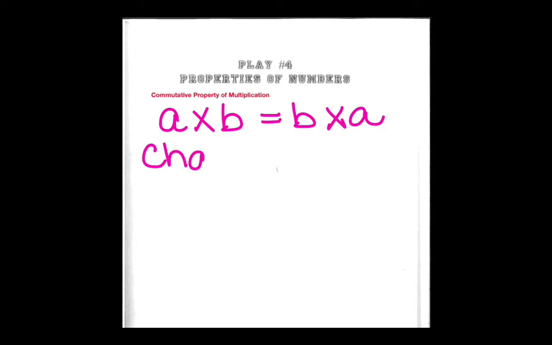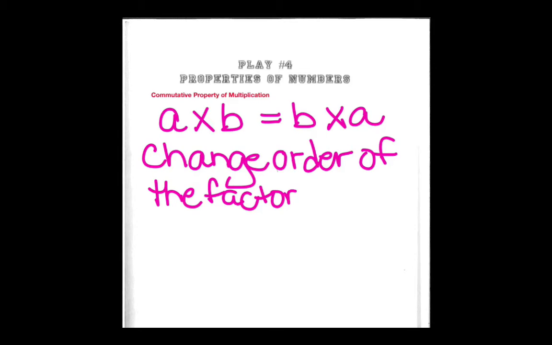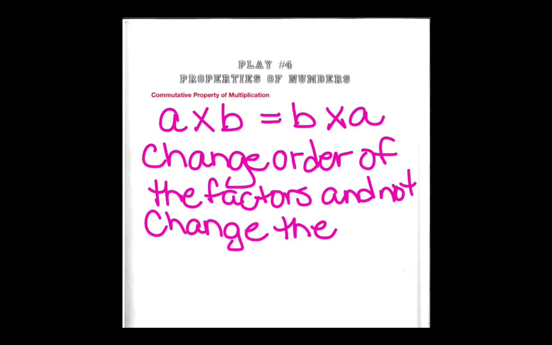Change the order of the factors and not change the product. Hopefully you have written some examples as well from the video. Okay, go ahead and go to your next page.